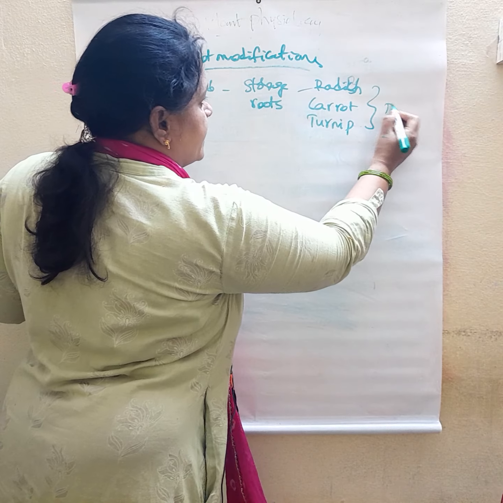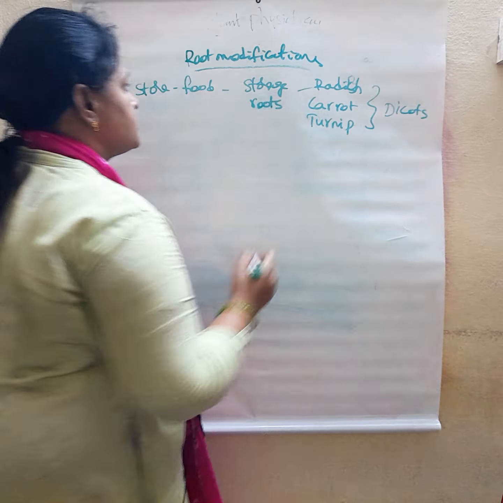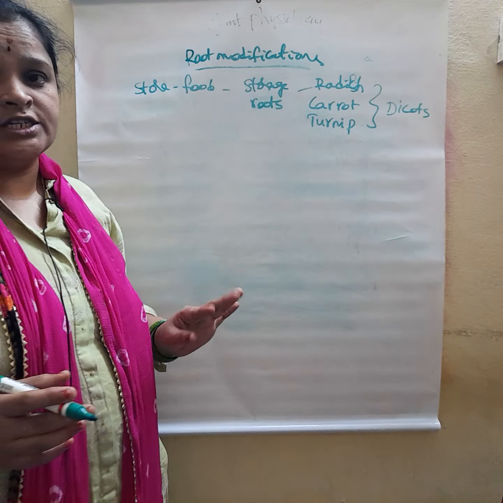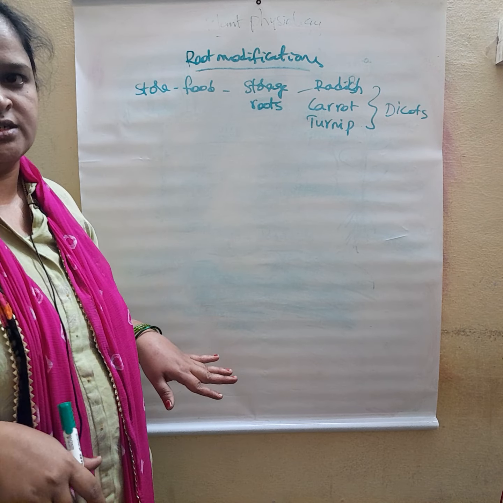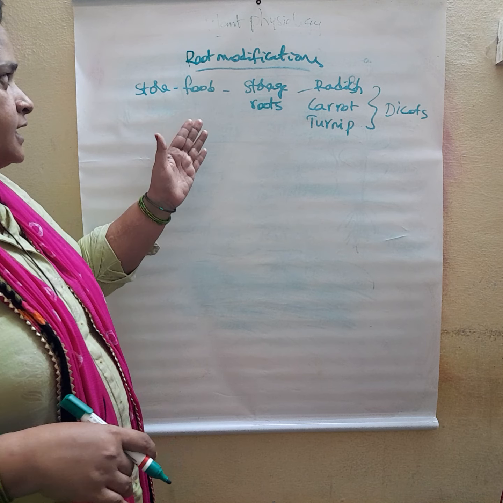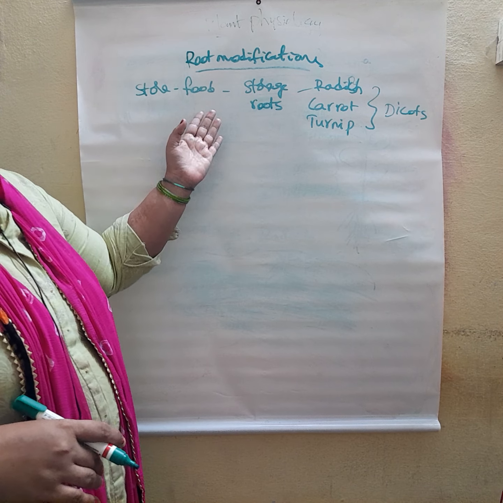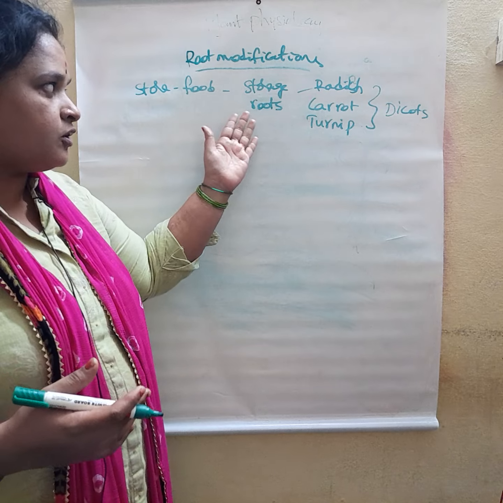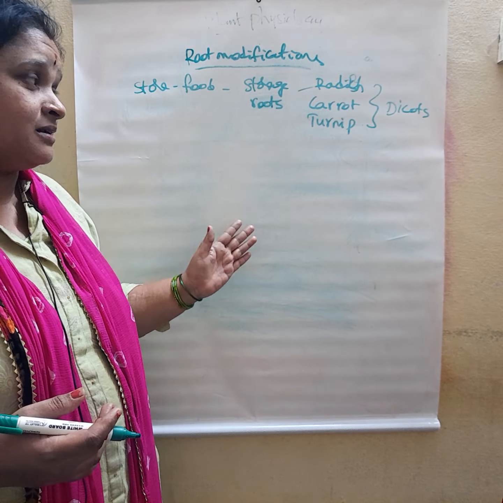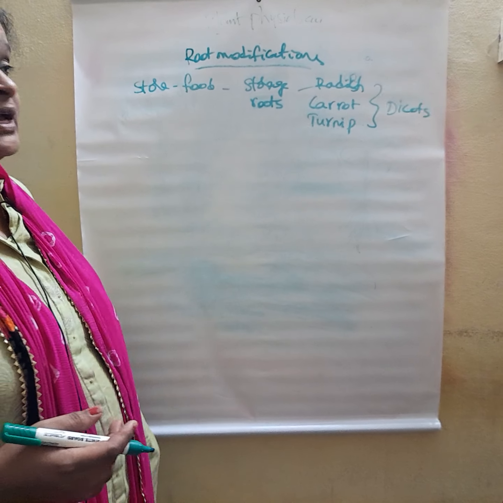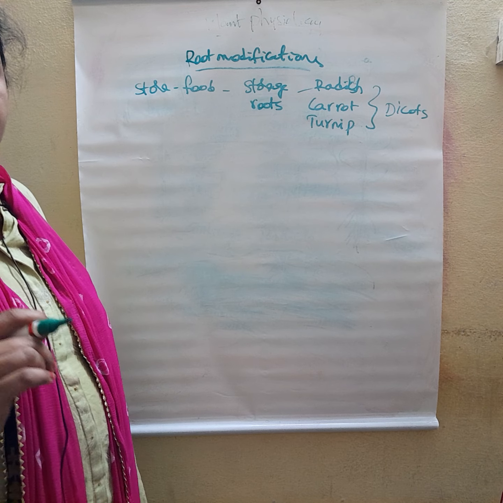Actually these are dicots. Root modification means performing other than its own function, okay. So here the roots storing food material are called storage roots. Example is radish, carrot and turnip. They are coming from dicot roots, right.